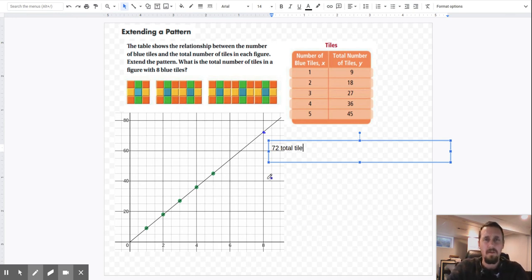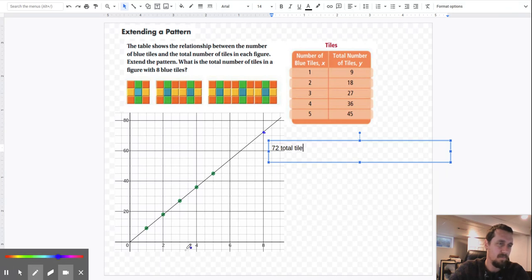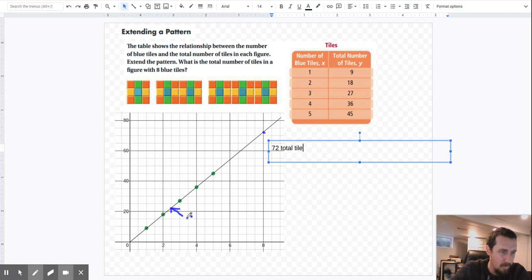Oh, the other thing I wanted to mention, the reason this should be a dotted line is because if you think about this, this line is going through points that don't really exist. For example, right here, we might have 21.3 total tiles.